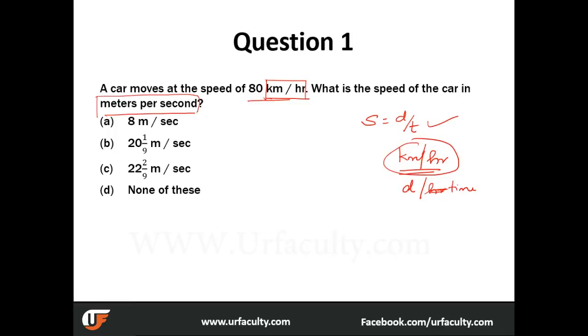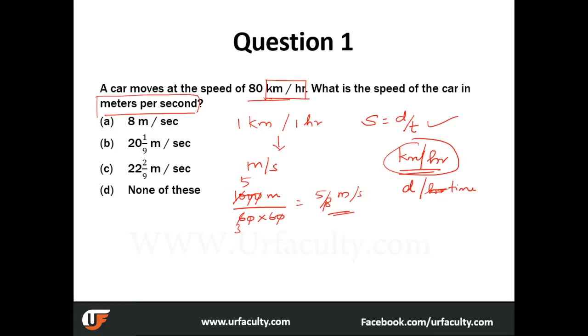Let's understand what it will be for 1 kilometer in 1 hour. 1 kilometer is 1000 meters, and 1 hour is 60 minutes, which is 3600 seconds. Now that you cancel this out, what are you left with? 5 by 18 meters per second.